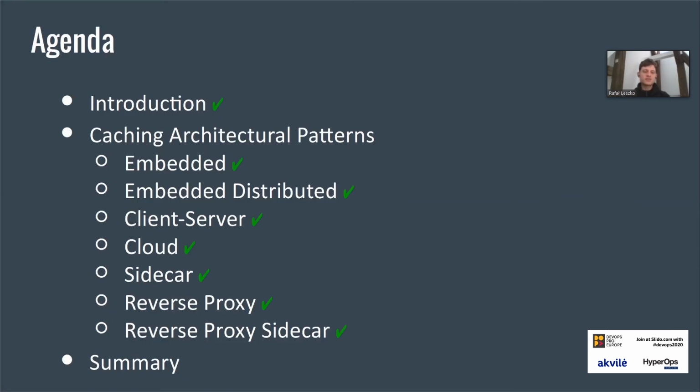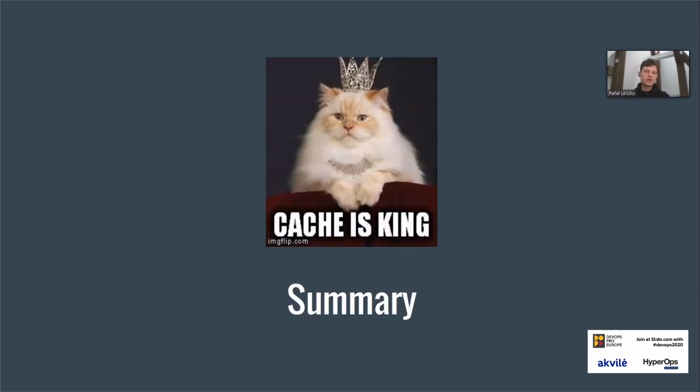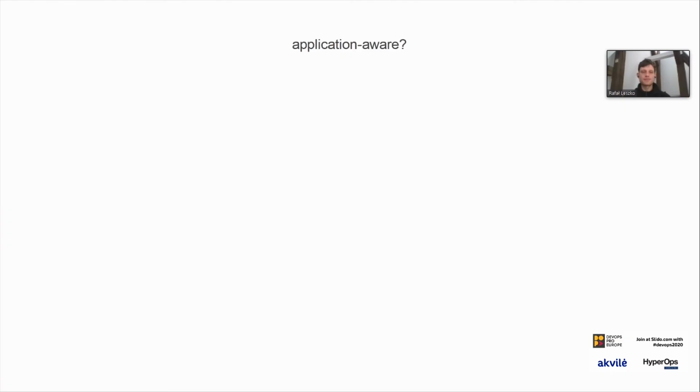So with this, we came to almost the end of this presentation. As a quick summary, I will not repeat anything I've said before, because that could be boring for you. What I propose is a very simple, oversimplified decision tree on how to decide which cache pattern is for you.